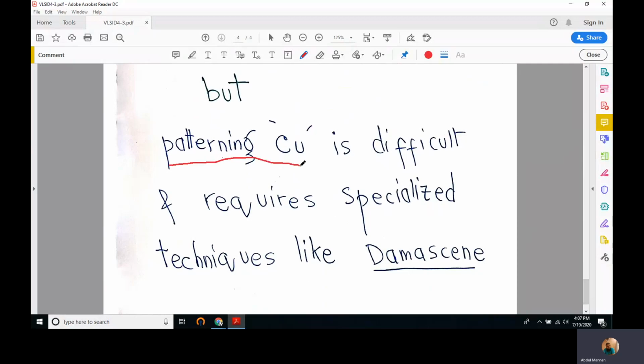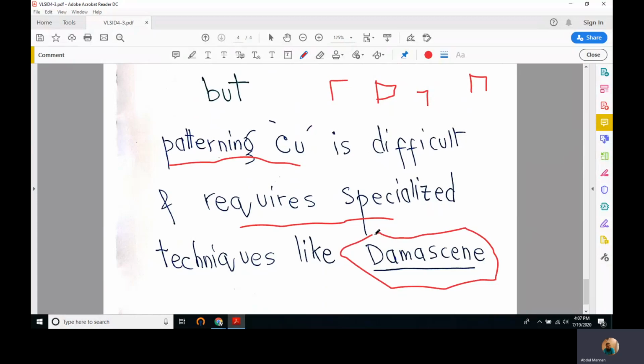Patterning copper is difficult, giving it shapes like this box, a right angle turn, a U shape pattern, which are quite common in CMOS layouts. This patterning is difficult with copper. So it's a disadvantage, and it requires specialized techniques that we call damascene, and we will study damascene in our upcoming lectures.